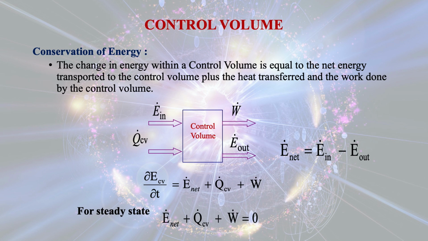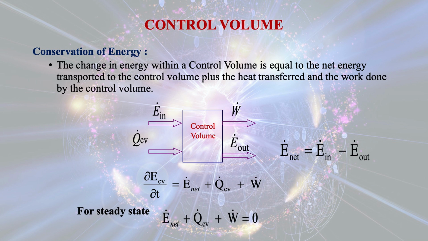For the same control volume, which is also called an open system, we are discussing the conservation of energy. Here you see that E dot in is the rate of energy entering the control volume, E dot out is the rate of energy leaving the control volume, and here Q dot CV is the rate of heat entering the control volume, and W dot is the rate of work done leaving the control volume.